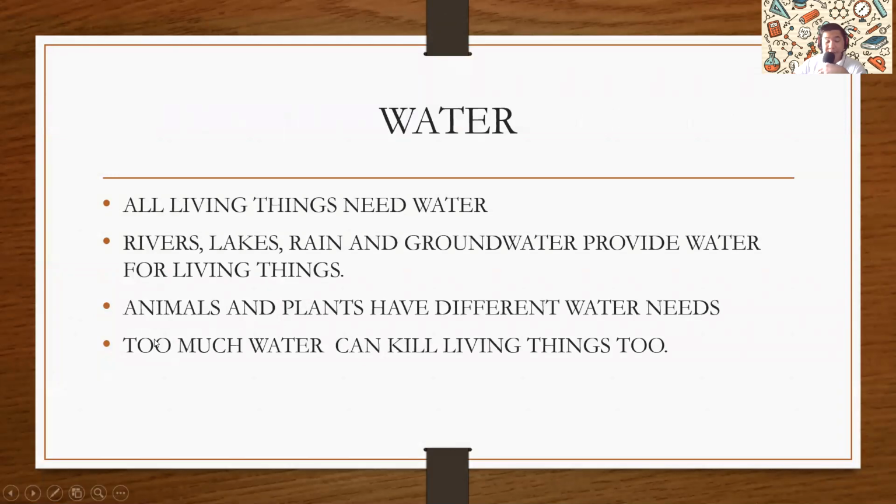Okay, first things first, water. All living things need water. Rivers, lakes, rains, and groundwater provide water for living things. Animals and plants have different water needs. Too much water can kill living things too. Do you remember what I said before?